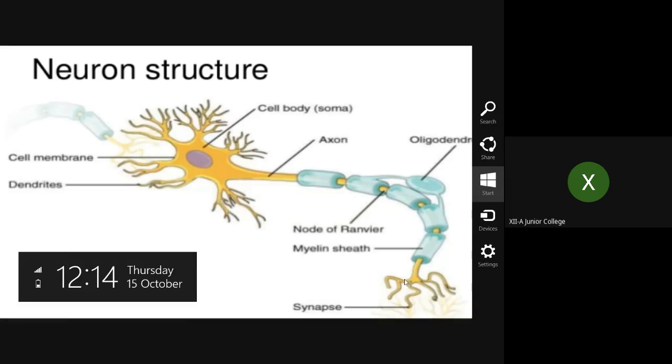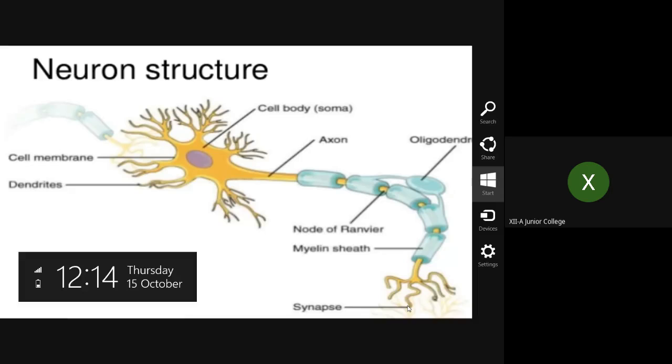And the last part of this axon, where the axon is terminating at its end, also shows branches. These are called telodendrites. The end points of these telodendrites form the synapse. The meaning of synapse is what?